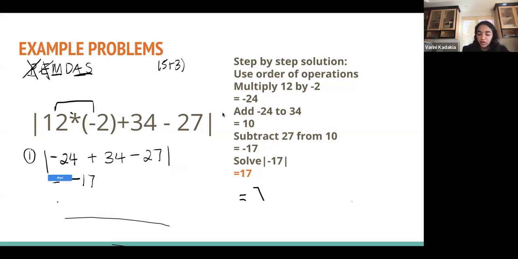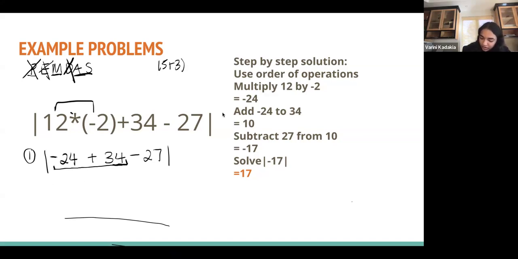Okay, so let's rewrite it like this. Next, do we have any division? No, right? So no division. Do we have any addition? Yeah, we add right here. So our next step should be to add those together.